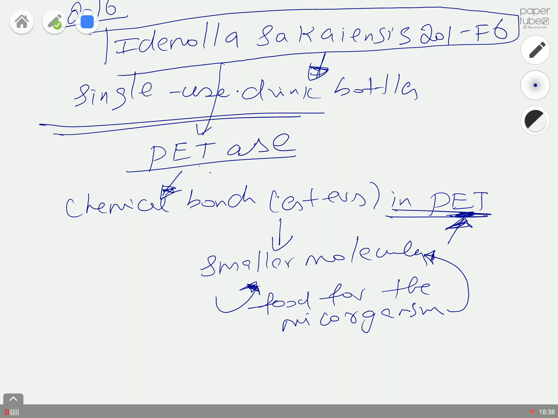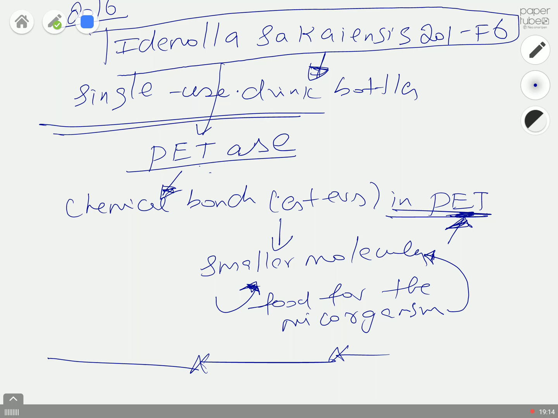So this is a very good example to differentiate between the job of a live bacteria and the job of an enzyme. To put it in an easy way, you take a substrate, you add some live material, and this live material secretes some enzyme, and this enzyme can break those heavy complex molecules into smaller compounds that can be easily digested by the live cells.